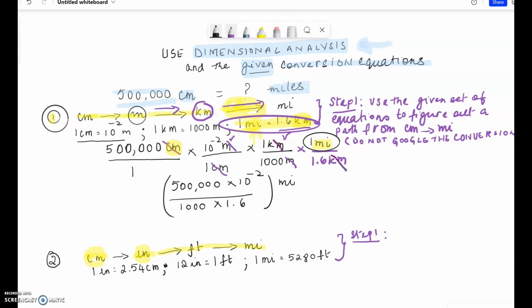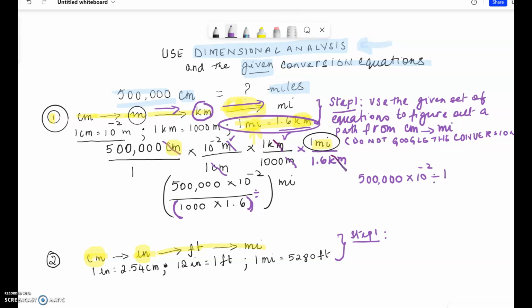But when you use the calculator, just remember, you go 500,000 times 10 to the negative 2 divided by, in parentheses, make sure you have it in parentheses, 1000 times 1.6. If you don't have the parentheses, your calculator is going to interpret what you enter completely different than what you want it to be. So if you don't put parentheses, this is what your calculator is going to do.